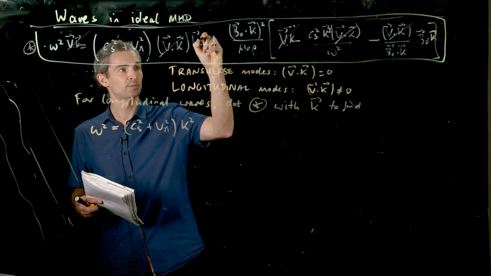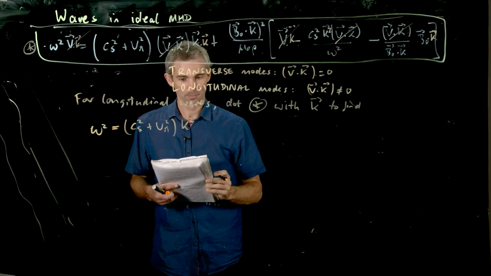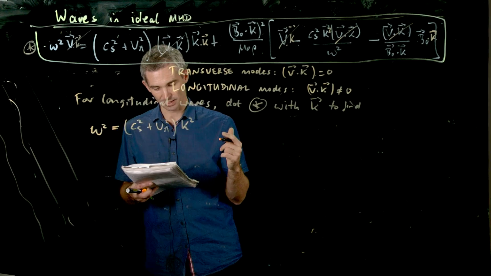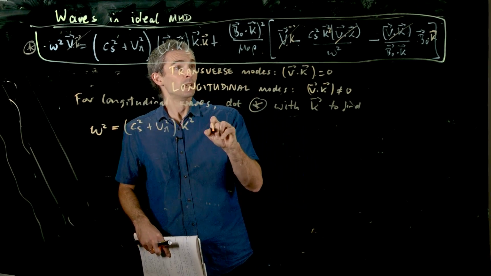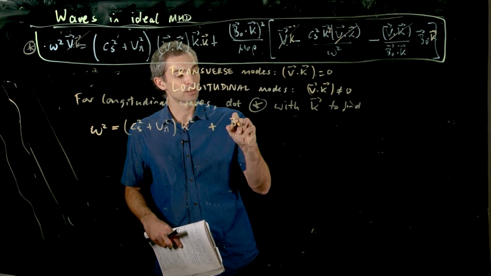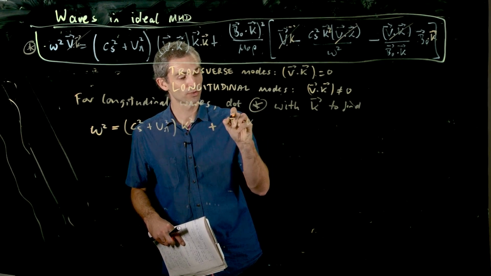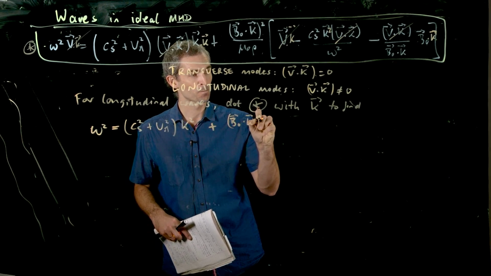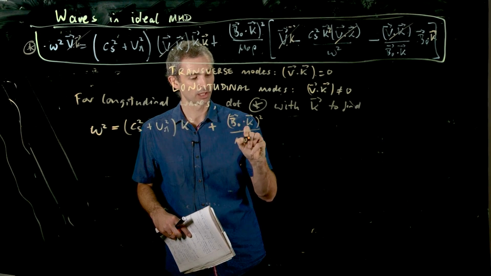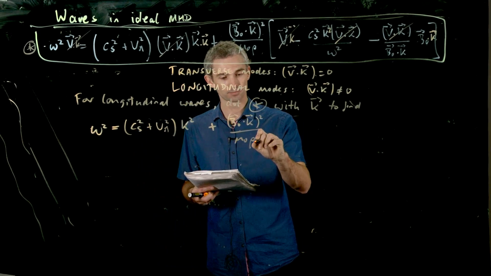It's k dot k. So k squared is just k dot with itself, plus b naught dot k all squared on mu naught rho naught.